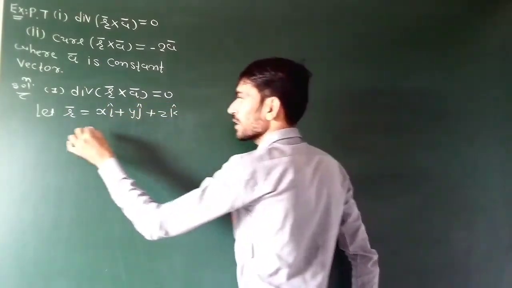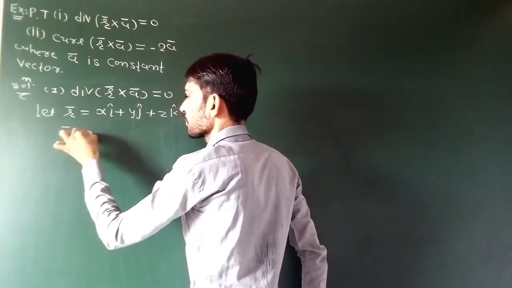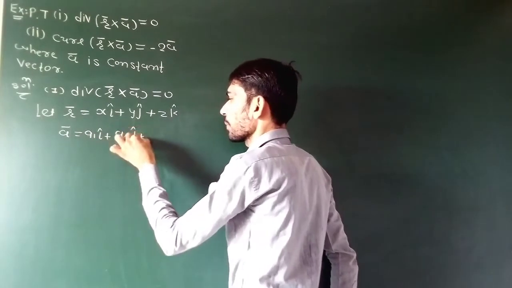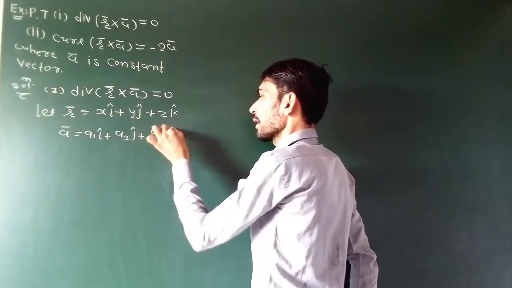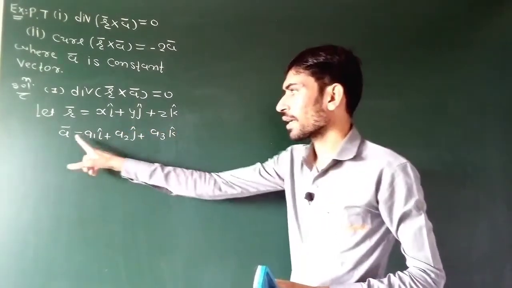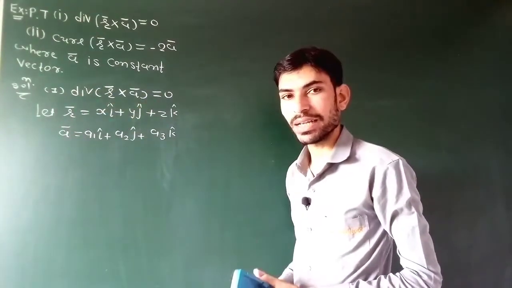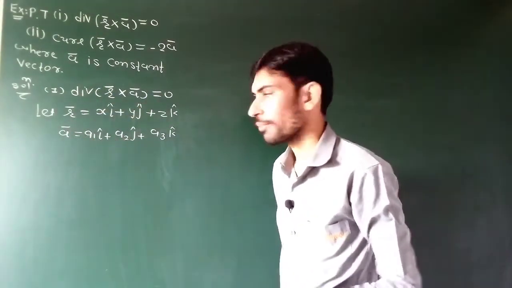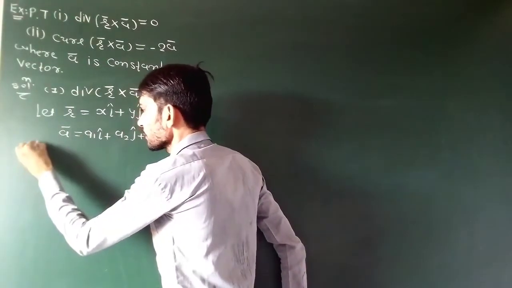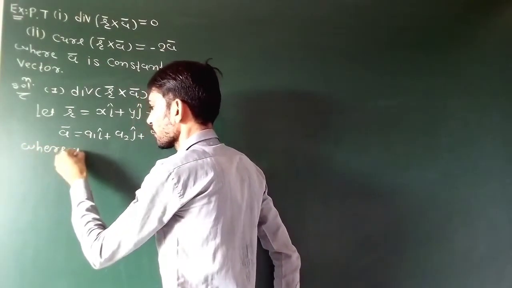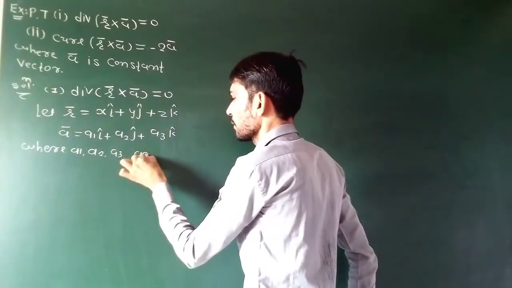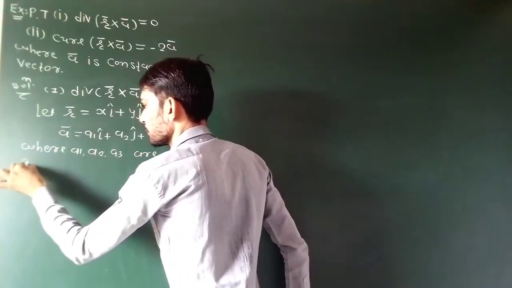Now we define the vector A as a1 i cap plus a2 j cap plus a3 k cap. Our vector A bar is any constant vector, where a1, a2, a3 are any constants.